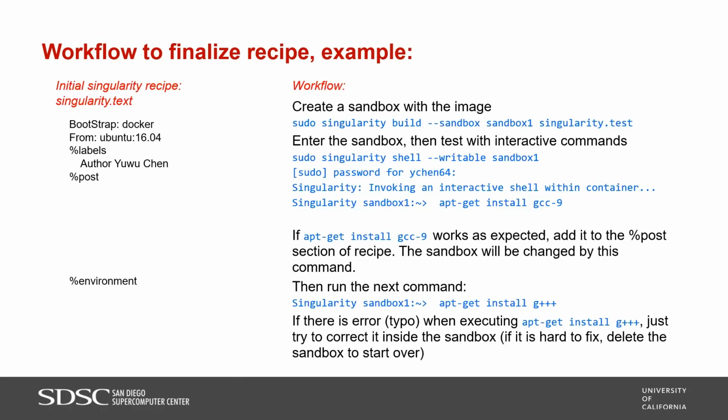Okay, here is some visualization, I hope it's a helpful example of how to finalize that recipe. So first, you will have a very simple recipe here, but the commands you want to test are empty. So there's nothing under the post section of this recipe. You first create a sandbox and then enter the sandbox, and you begin to test those commands you want to use.